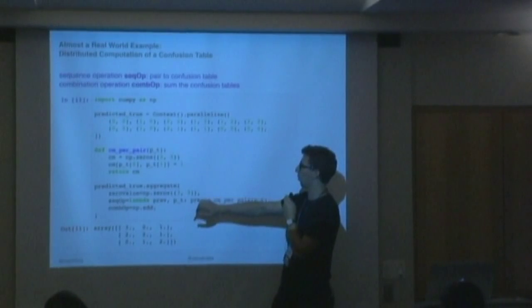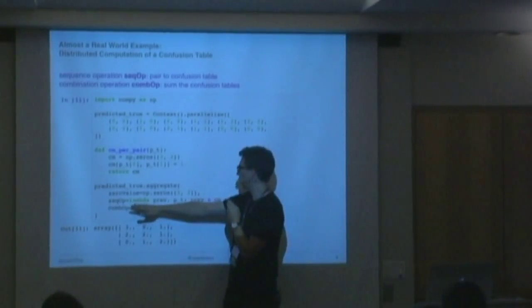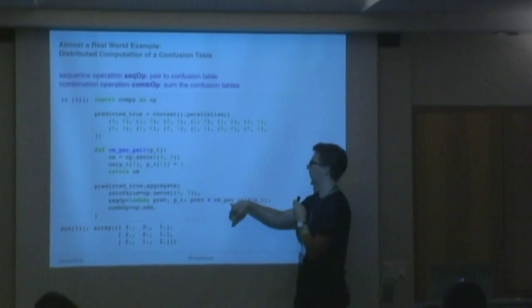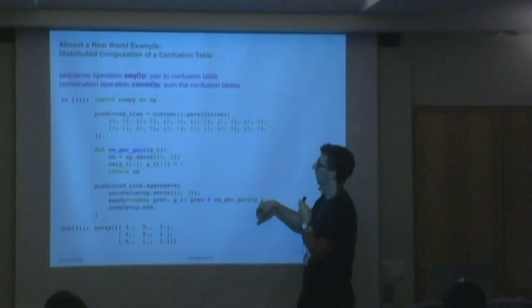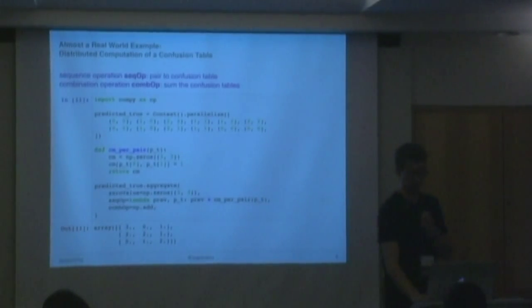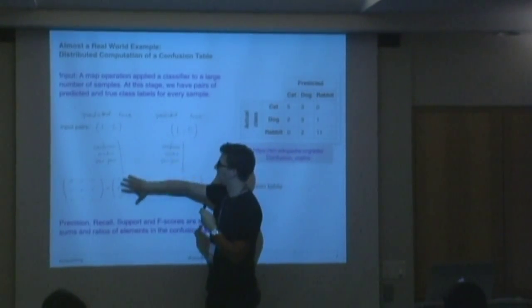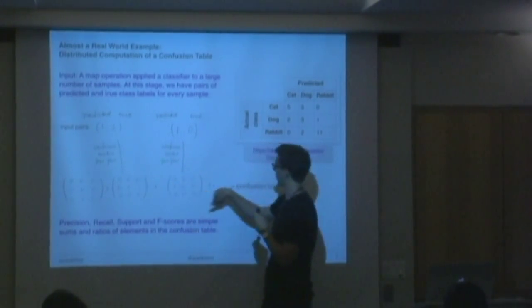And then you apply sequence operations on it. These are: take the previous confusion matrix and add the confusion matrix for this pair, for one of the elements. And this is just one of these confusion matrices that I was drawing before. So this is just this step. You create a confusion matrix from this, and you add it to the previous one, and you add it to the previous one.